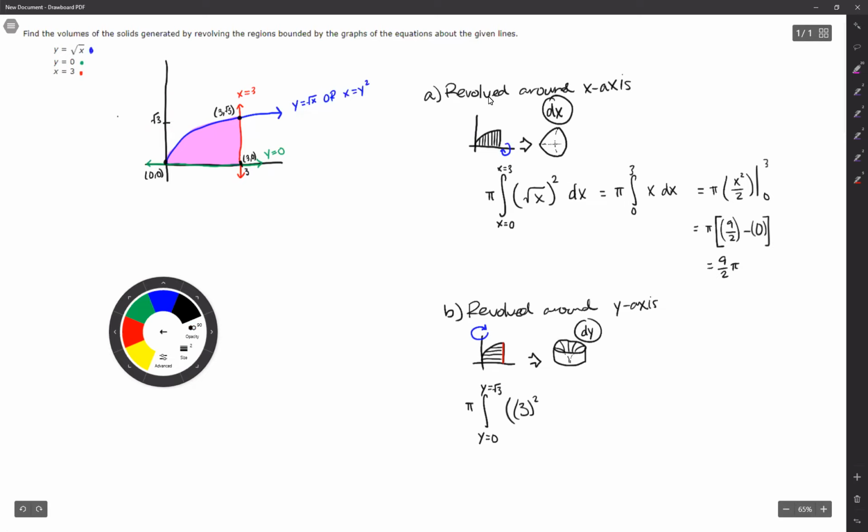So that'll be our big R minus our little r. Well, what is our little r? It's this blue curve. And that blue curve is, in terms of y, x equals y squared. So put a y squared right here. Okay, and we're going to do this integration dy.